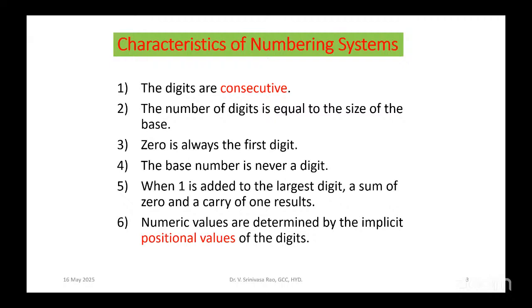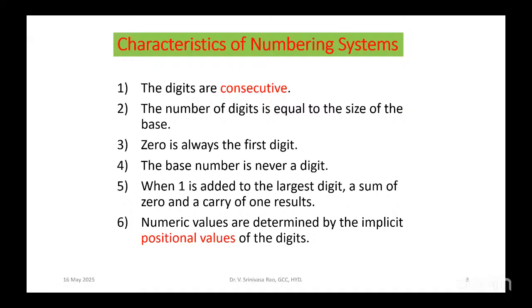Next, the base is never a digit. You may observe that for binary, what is the base? 2. So that is not a digit. Okay. For octal, 8. 8 is not a digit. Never a digit, it is the base number.